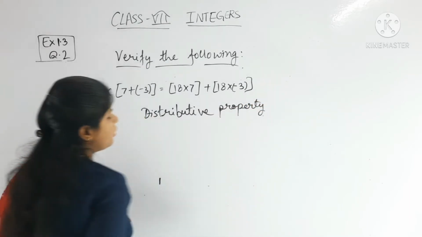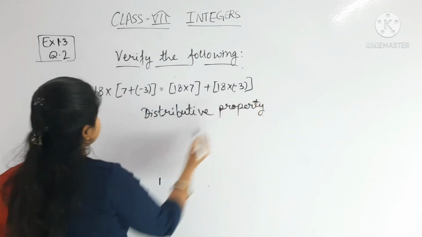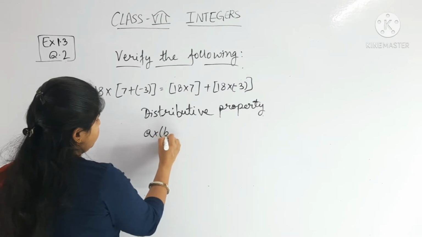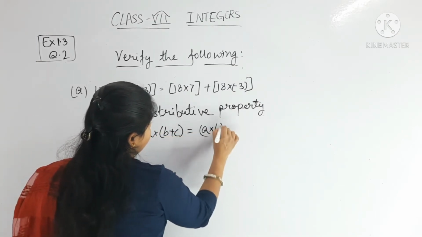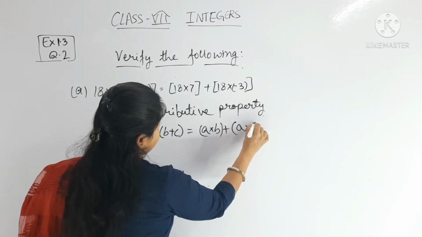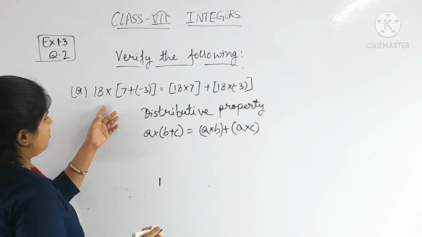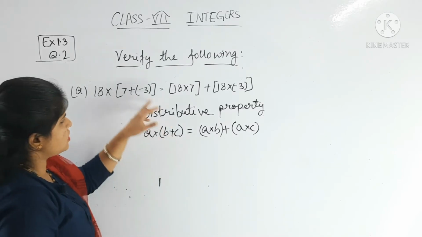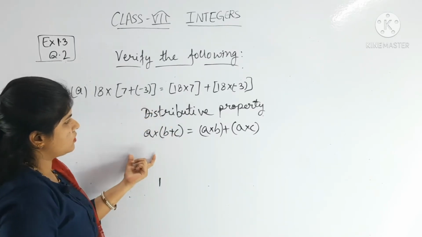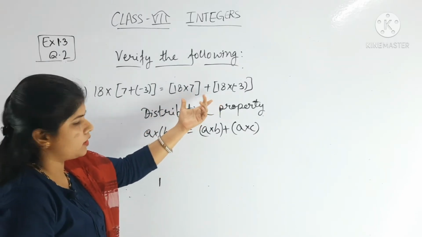What is the distributive property? A into B plus C equal to A into B plus A into C. That is the same. Here A is 18, B is 7 and C is minus 3. You can compare this. This is the distributive property only.